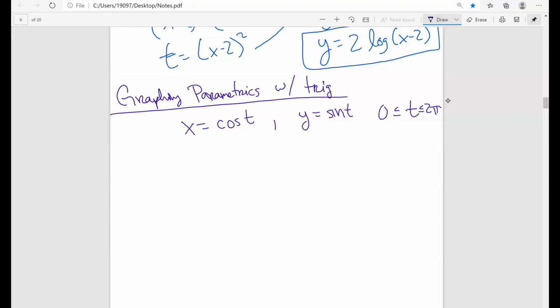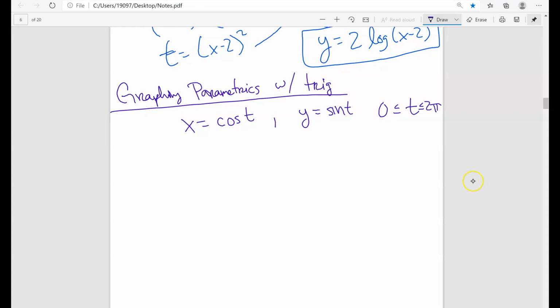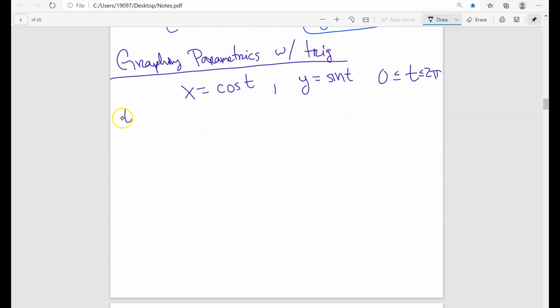So the first thing that we want to do is set up a table. So we're going to set up our t, we're going to set up our x's, and then we're going to set up our y's. So for t, it'll be smart because we're looking at cosine and sine, it'll be smart to look at 0, pi over 2, pi, 3 pi over 2, and then 2 pi, which are the quadrantal angles.